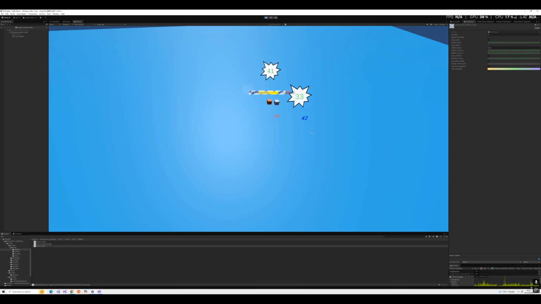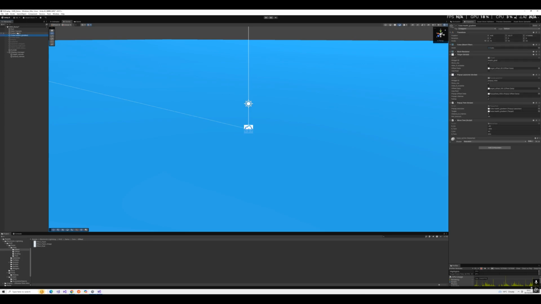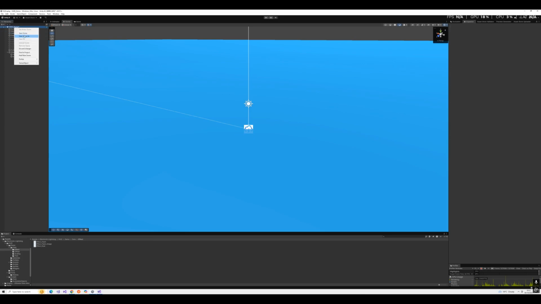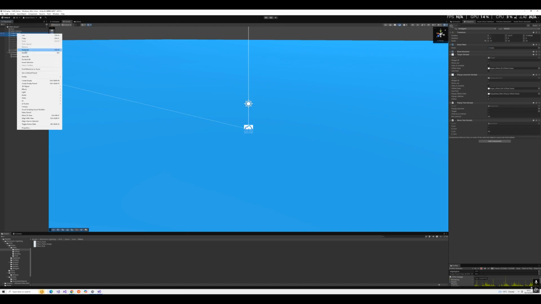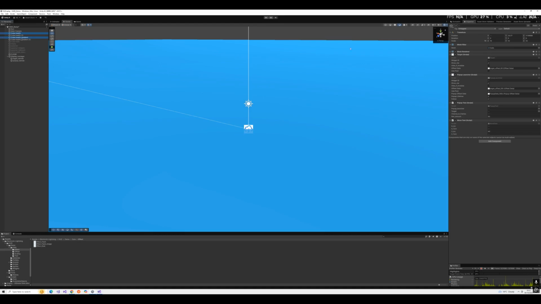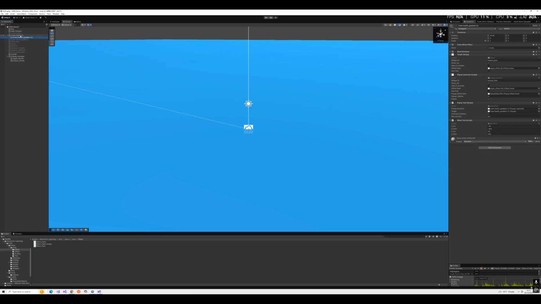What I wanted to move on to was combining two. So I wanted to have both of these. I'll duplicate these and switch these off. I want to create one with two sets of number launchers on the same cube.